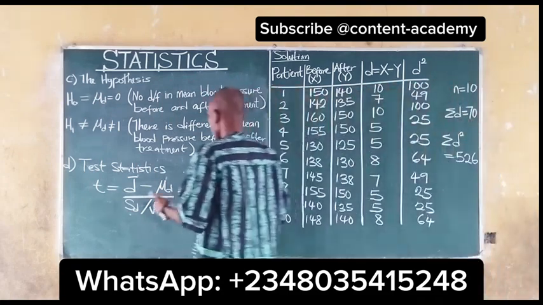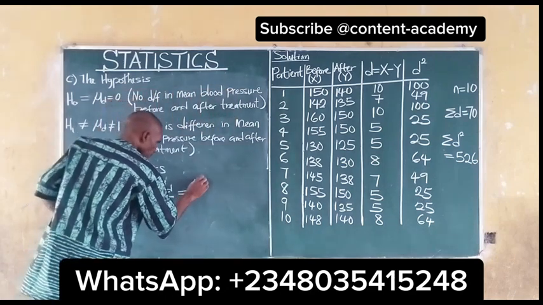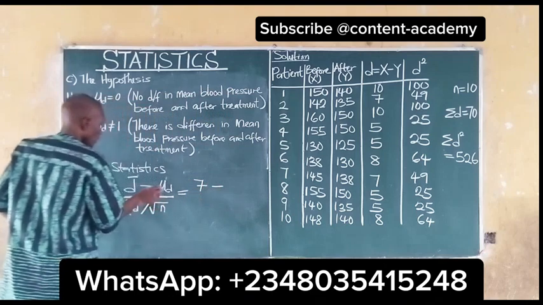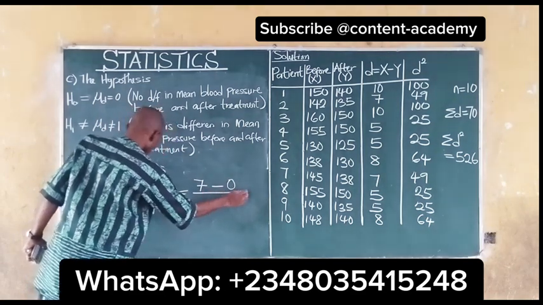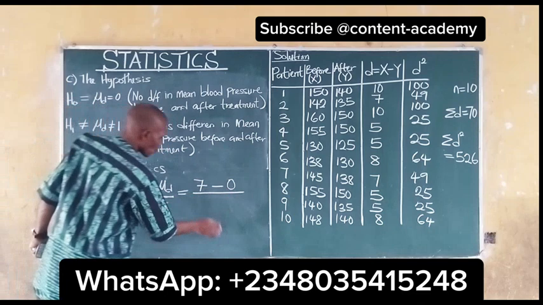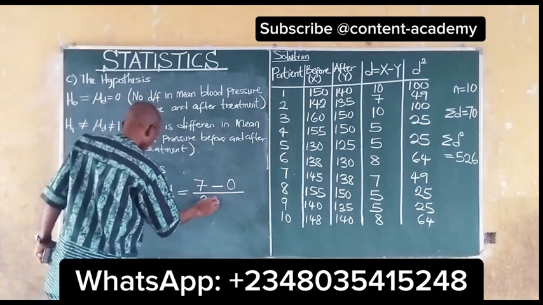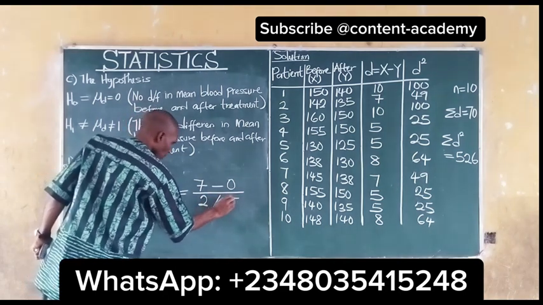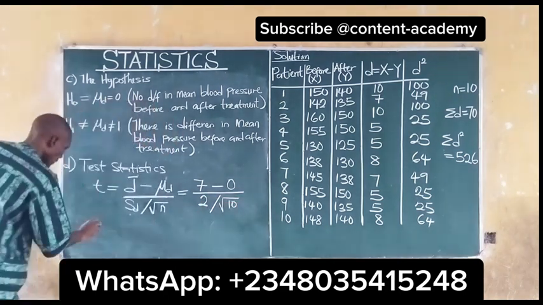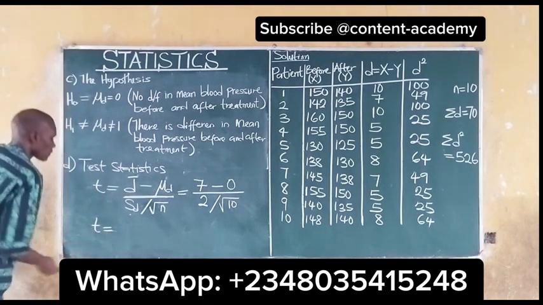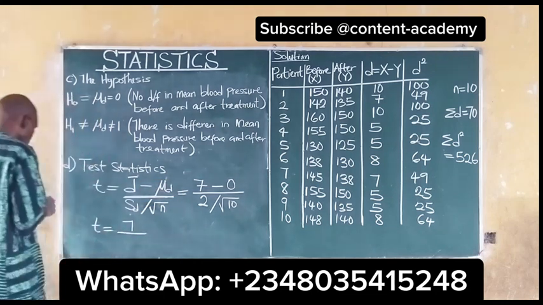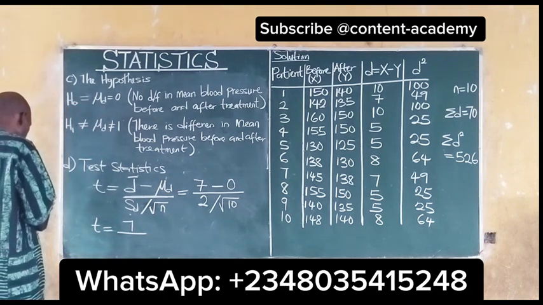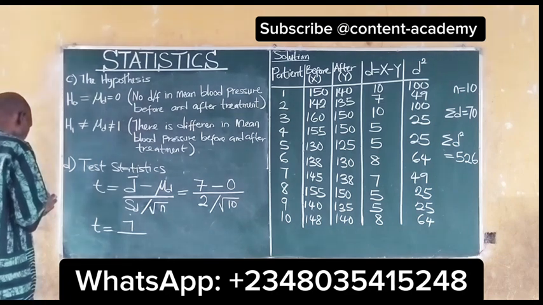So our t is 7 minus 0, all over our standard deviation, which is 2, divided by square root of 10. So our test statistic is equal to 7 minus 0, which is 7, all over 2 divided by square root of 10.